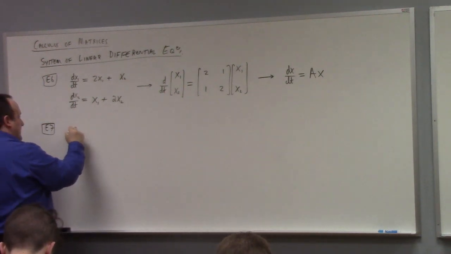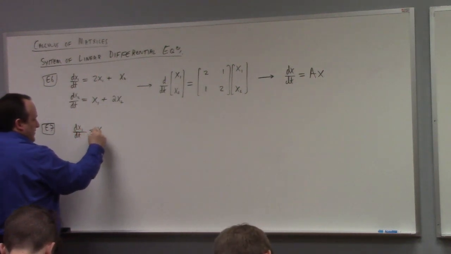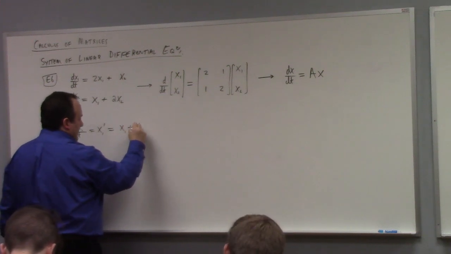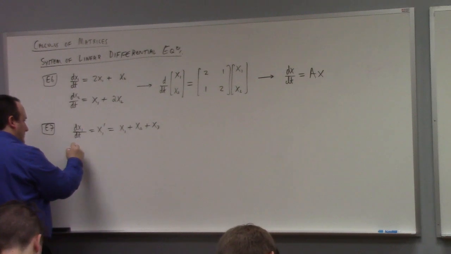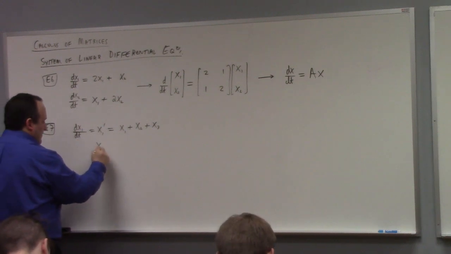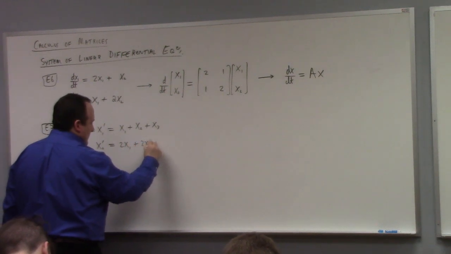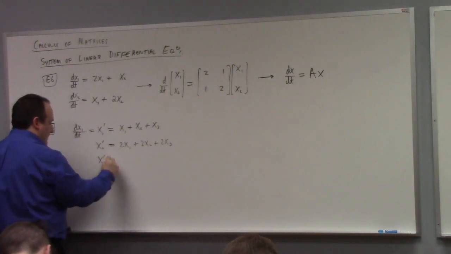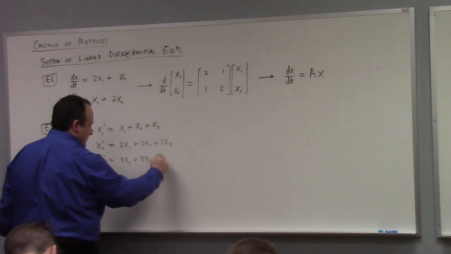What if I had something like dx1/dt, which is, by the way, x1 prime, equals x1 plus x2 plus x3, and x2 prime, let me be real boring, equals 2x1 plus 2x2 plus 2x3, and x3 prime equals 3x1 plus 3x2 plus 3x3.